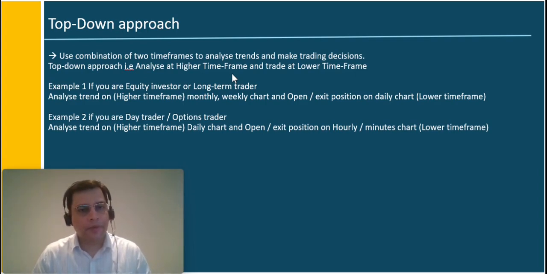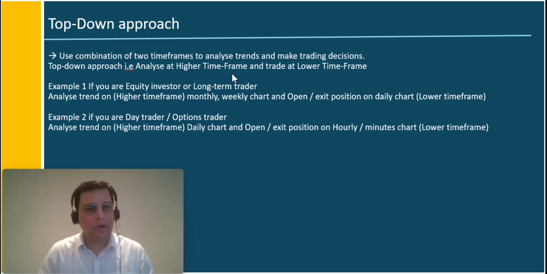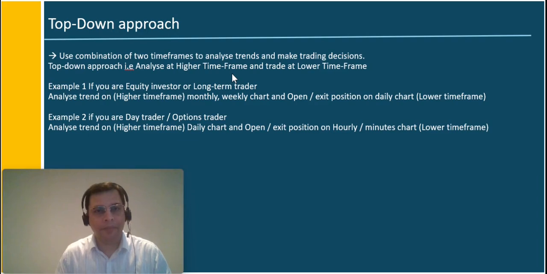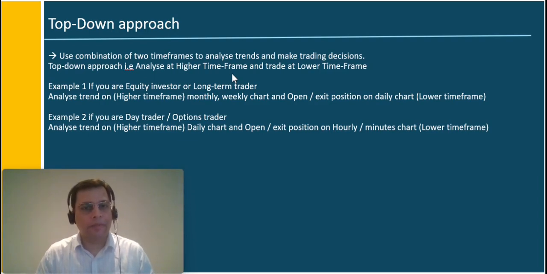For example, if you are an equity investor or long-term trader, you don't want to get disturbed by day-to-day trading activities or what's happening in the market. You analyze the trend, whether it's bullish or bearish, on the higher time frame, that's the monthly or weekly chart. Then you take the position or exit the position on the daily chart, which is also known as the lower time frame.